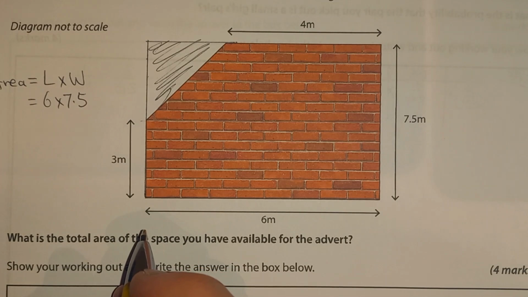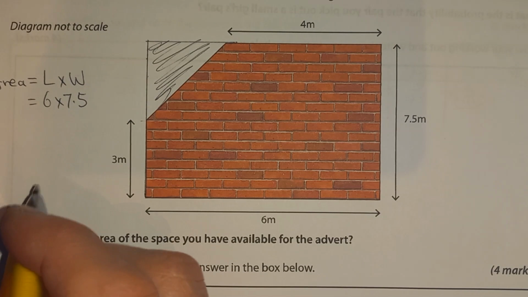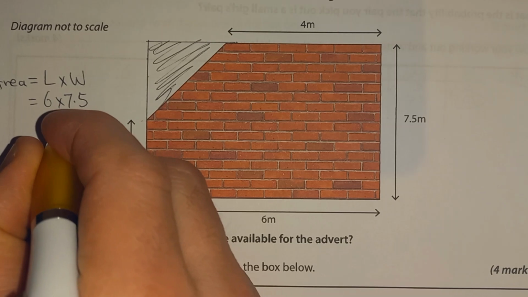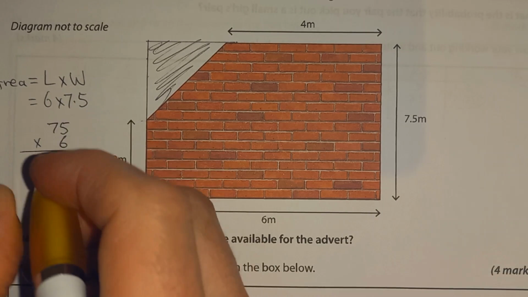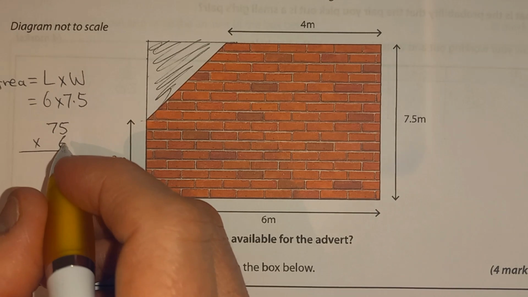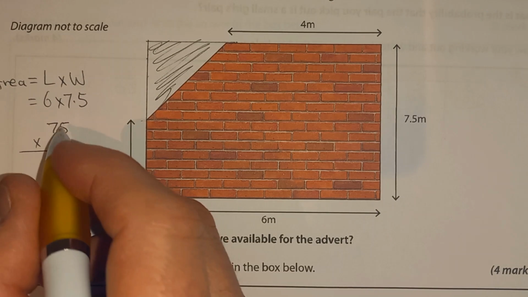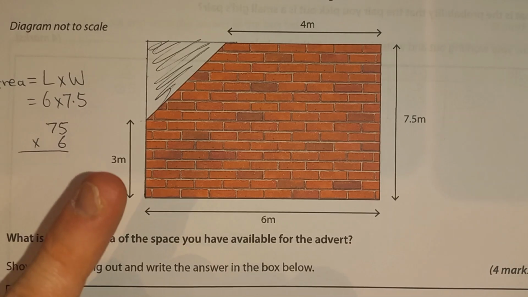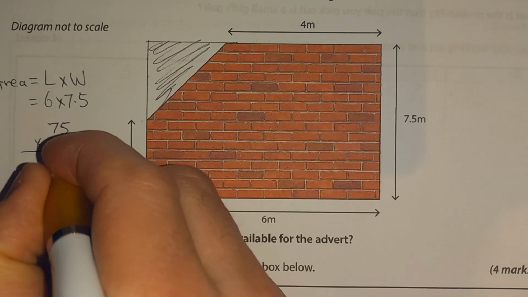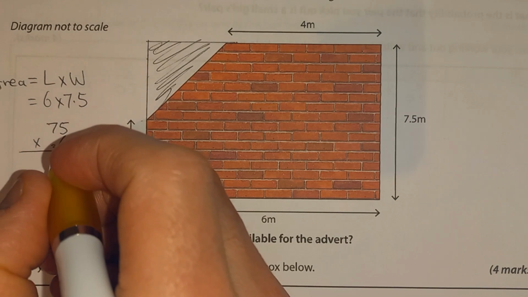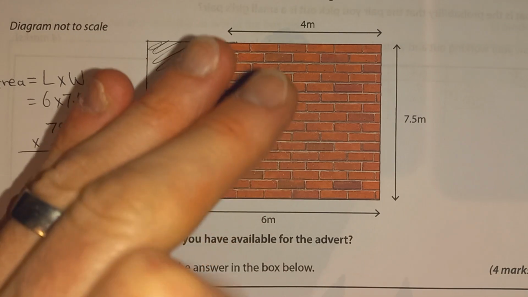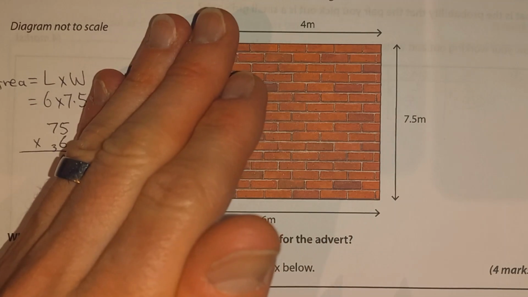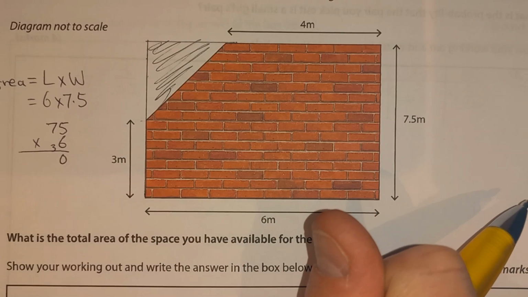Okay, well, let's start off by working out this 6 times 7.5. So I'm going to ignore the decimal point for now and do 6 times 75. So 6 times 5, or 5 times 6 if you like, 6, 12, 18, 24, 30. So we can put the 0 and carry the 3. And then 6 times 7, 7, 14, 21, 28, 35, 42.